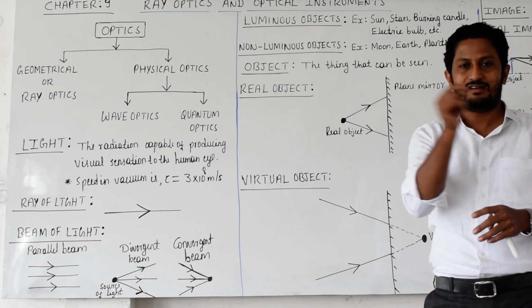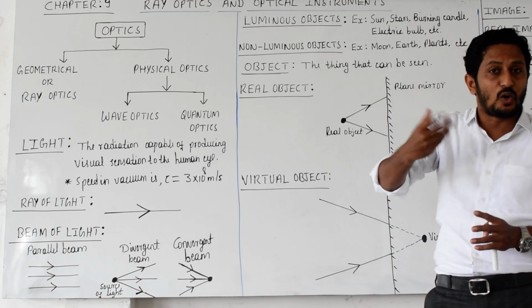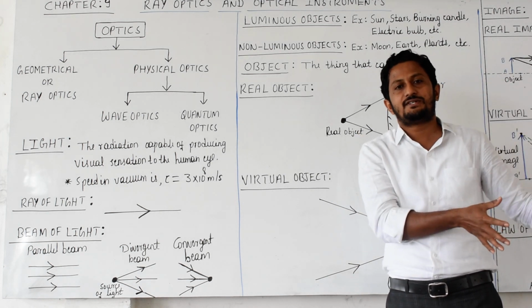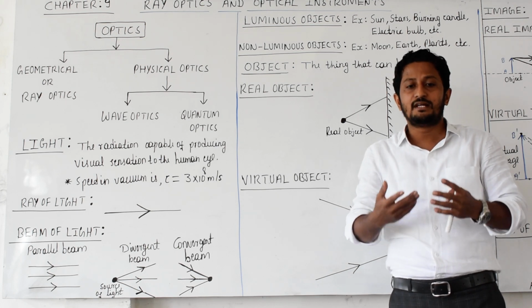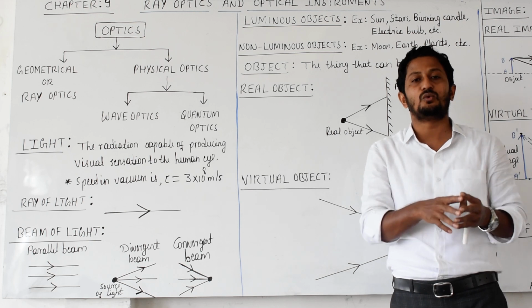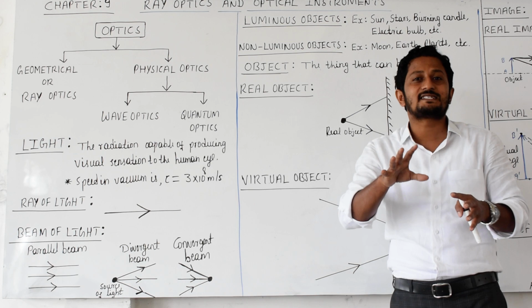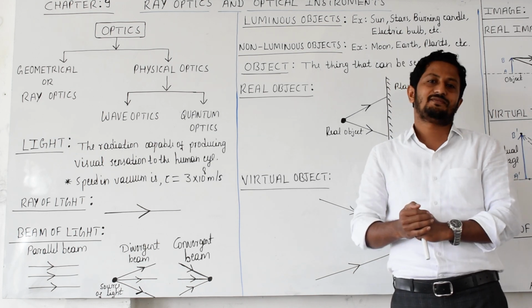Non-luminous. That title itself is telling us: the objects which do not emit their own light. Even so, what are they doing? They scatter the light which falls on them.